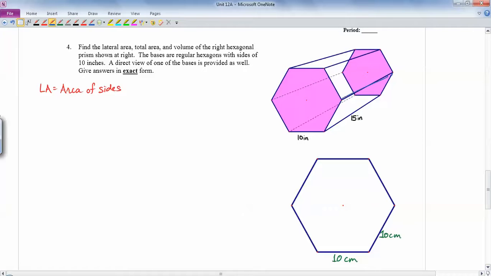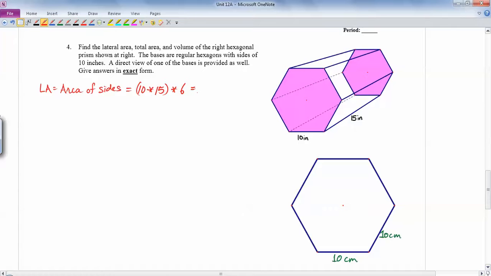Like this rectangle right here is going to be 10 times 15. This rectangle right here, that's another 10 times 15. So the lateral area is going to be 10 times 15 for one rectangle, plus another one, plus another one. Well, there are 6 of them. So it's 10 times 15 times 6.